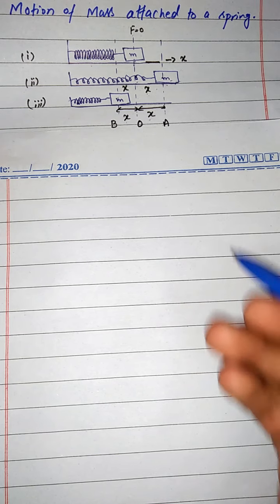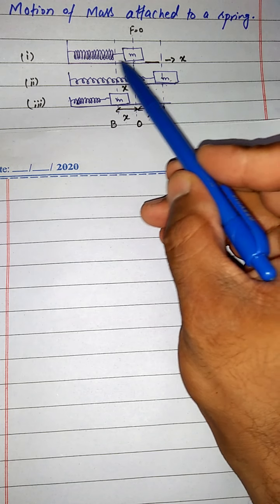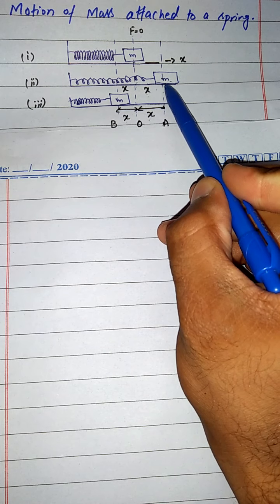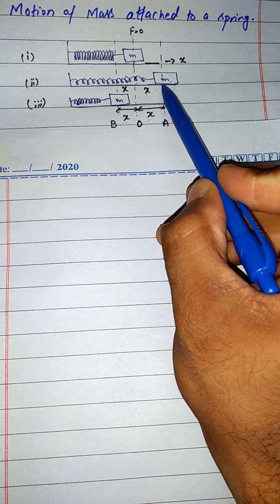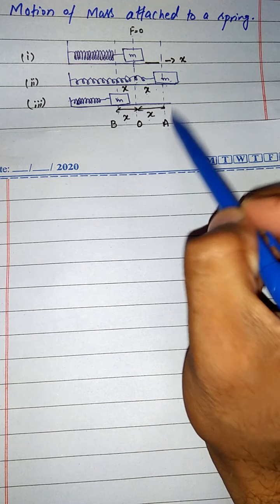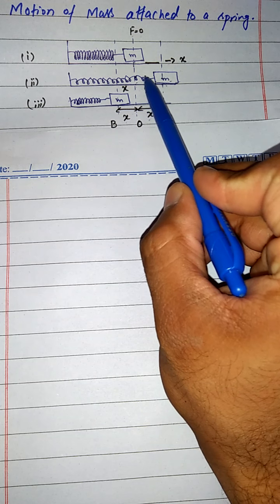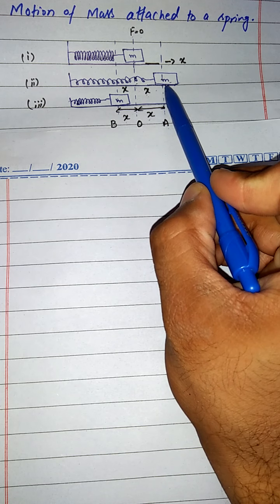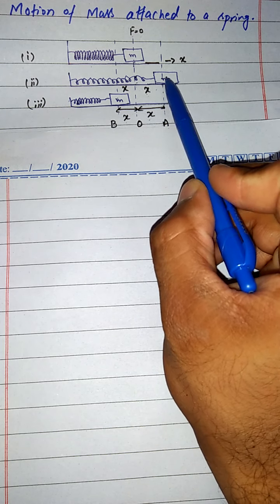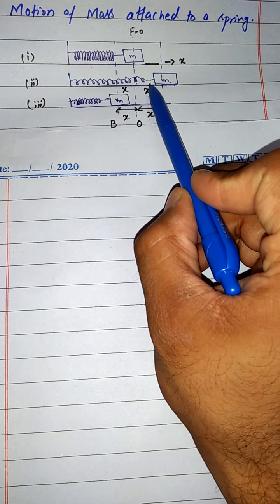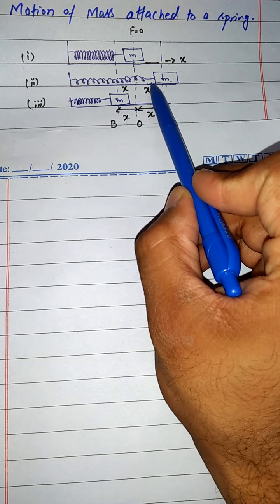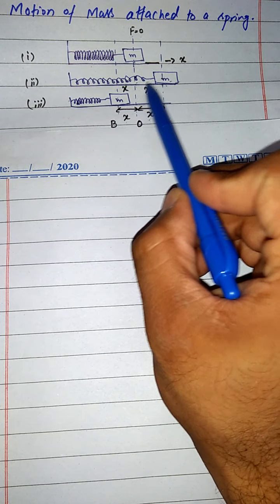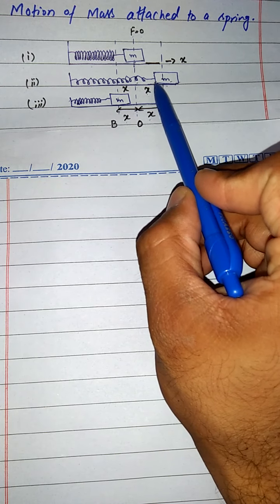Again, let's suppose we stretch the spring and it goes to the extreme position A. The force exerted on the mass m and the displacement are directly proportional to each other.